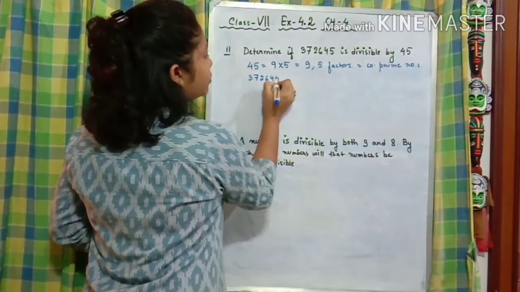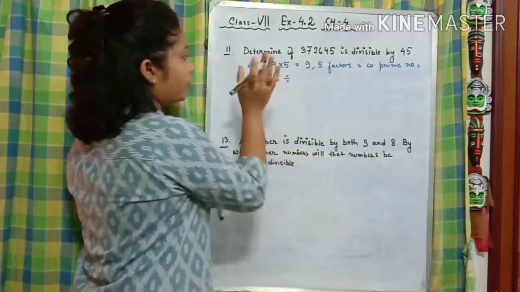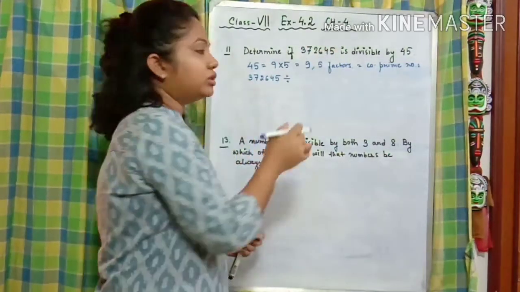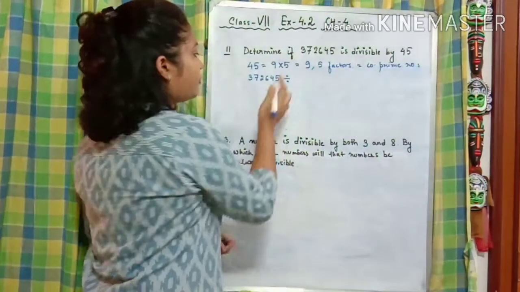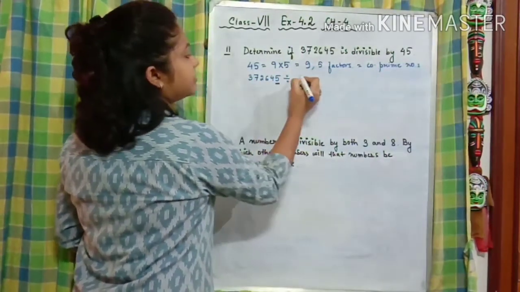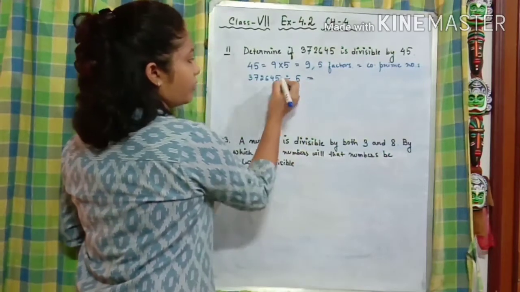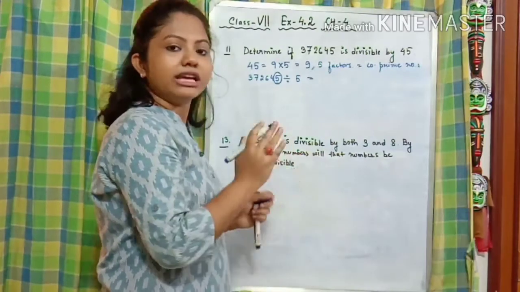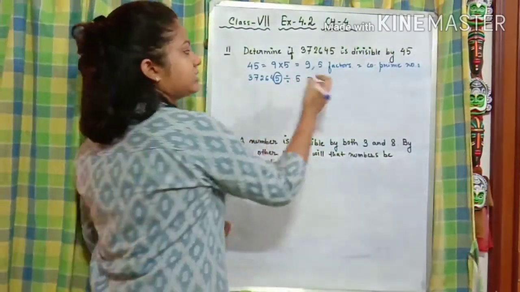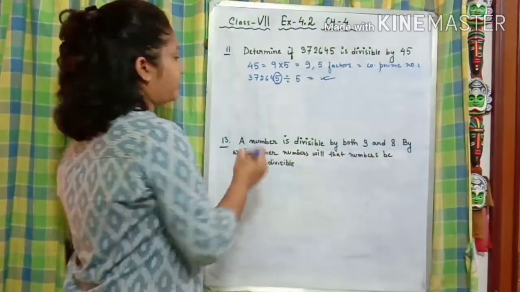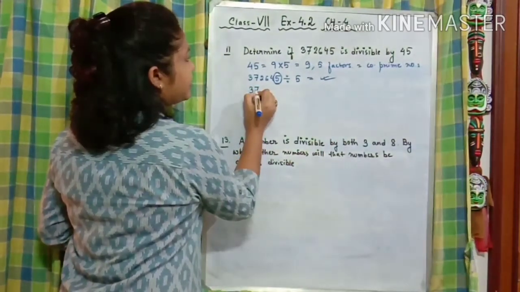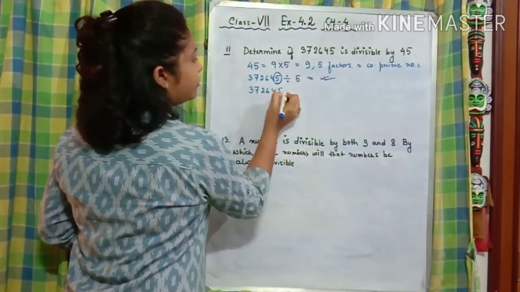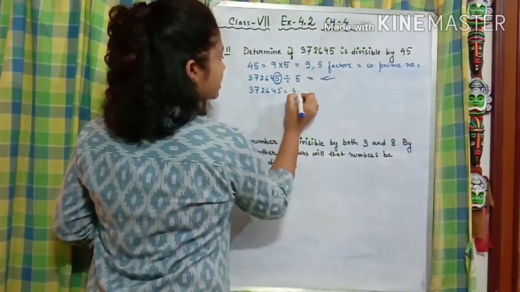To find whether this number is divisible by 45, we have to see that it is divisible by both 9 and 5. First we see whether it is divisible by 5. The last digit of the big number is 5 itself, so yes, it is divisible by 5. After that, we see whether it is divisible by 9. For that we take the sum of the digits.